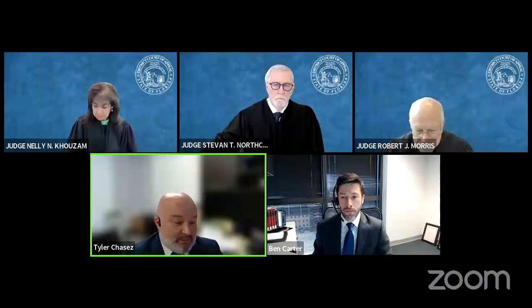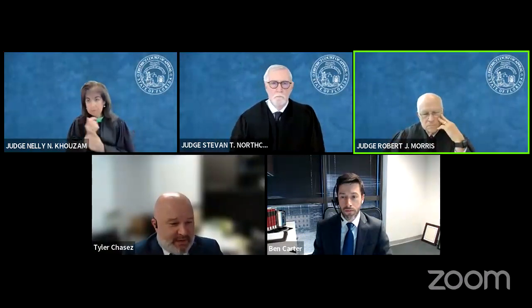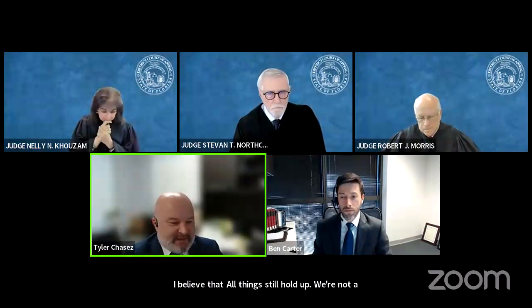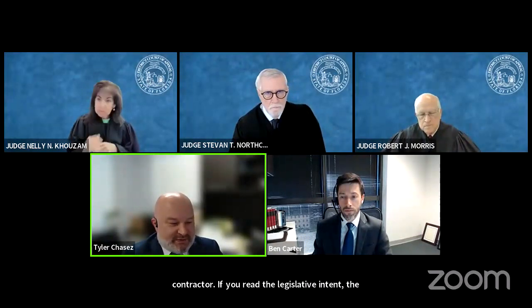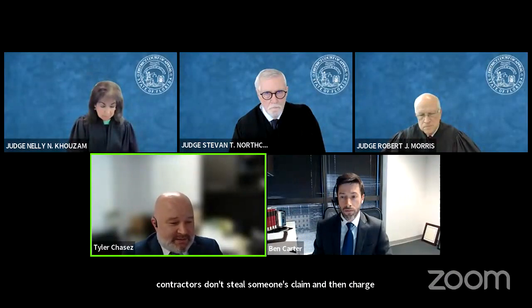Even if the court were to review that, I believe that all things still hold up. We're not a contractor. If you read the legislative intent, the legislature's intent is we're trying to make sure that contractors don't steal someone's claim and then charge exorbitant amounts. My client isn't doing that.